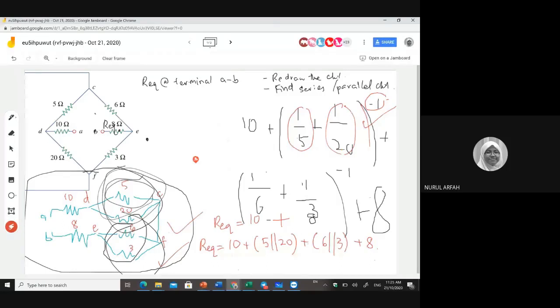Okay, cepat sebab kita dah habis masa. Okay, use your calculator. 5 and 20, what do you get? 200 by 25. Apa ni? 8. 24?